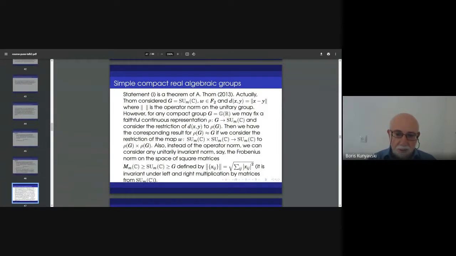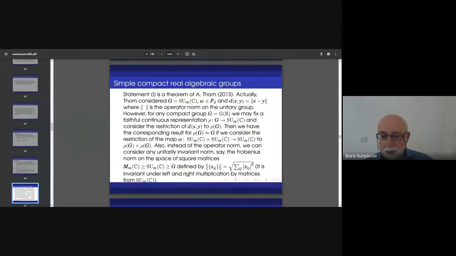In fact, one can easily go over from any compact group to a unitary one using faithful continuous representations and restricting your metric to the image. And also, instead of the operator norm, it's, to my taste, somewhat easier to consider the Frobenius norm.